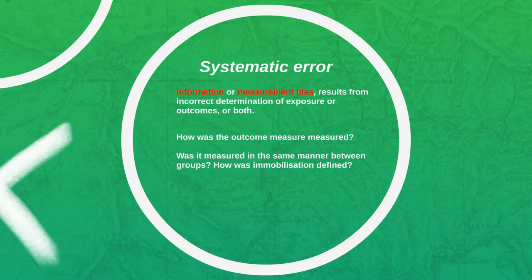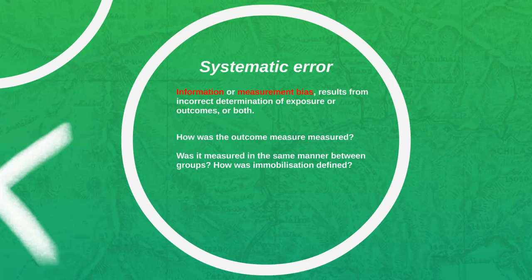Were the groups measured in the same way? Did you give a questionnaire to one group and an interview to the other? If you measure people differently, you're going to have different responses. You're going to have different point estimates between groups. You're not going to have comparability, which is what this all boils down to, and you're going to introduce measurement bias. So, for example, how is immobilization defined?